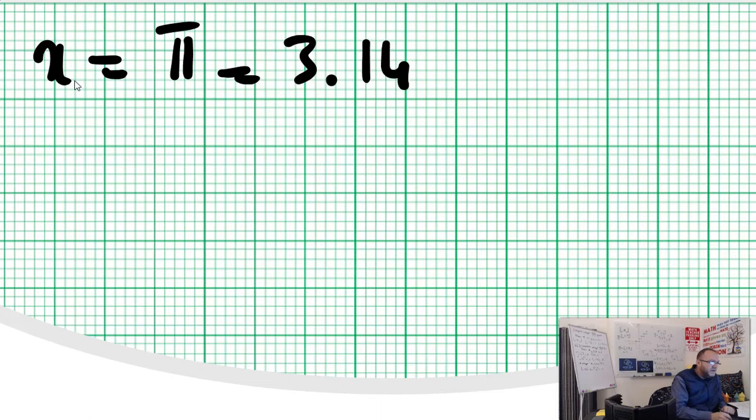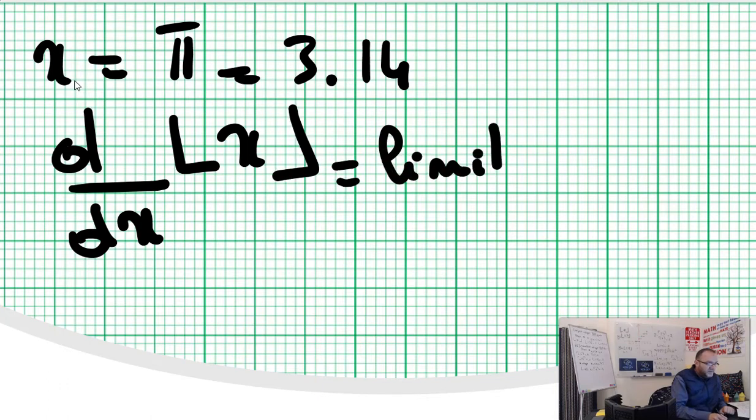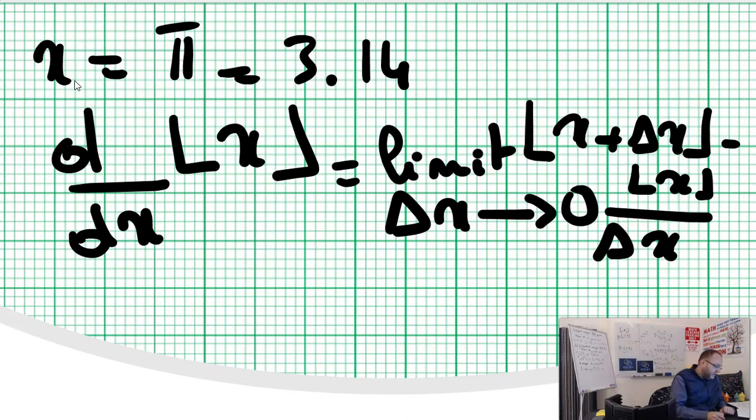So when x is not an integer, like pi, let's say x equals pi, 3.14159, whatever, all the way down, the d over dx, that means the derivative of this floor function of x, equals the limit as delta x goes to 0 of the secant, floor of (x plus delta x) minus floor of x, over delta x. And we just did that up there.